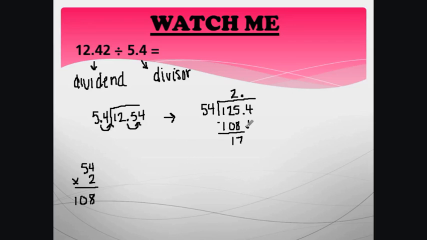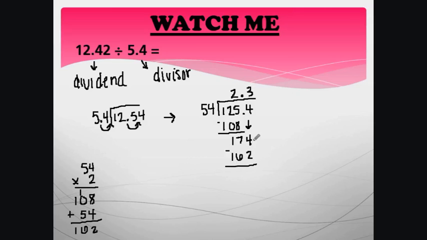We drop down the rest, drop down our 4, and we need to figure out how many times does 54 go into 174. I'm going to add 54 more to 108 to figure out what that sum is. 8 plus 4 is 12, carry our 1. 1 plus 5 is 6, and 162, which would be multiplying 54 times 3, is equal to 162.